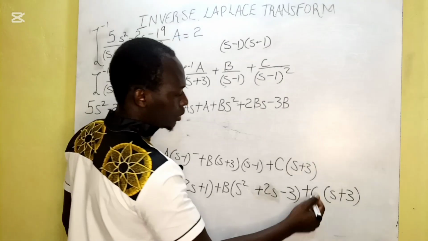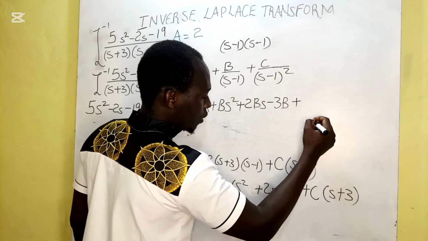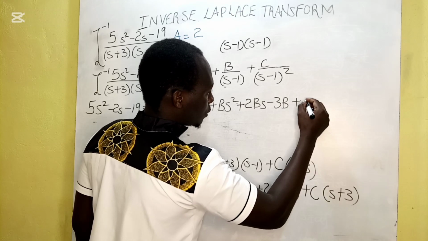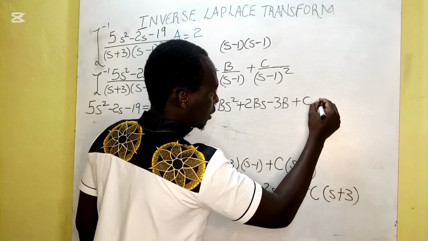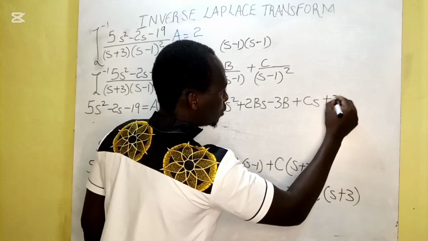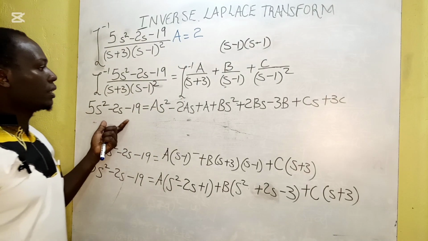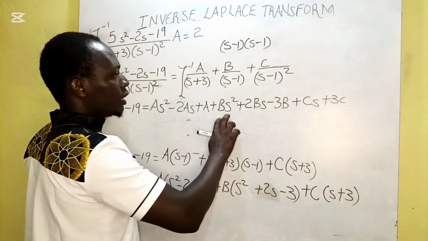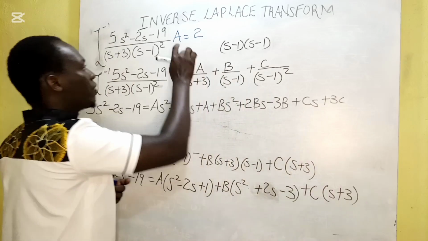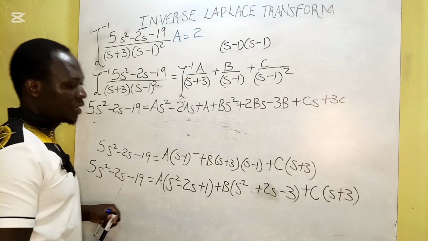And lastly, we are going to have a positive of Cs + 3C. We can now get the values of B and the value of C, because the value of A we already have.